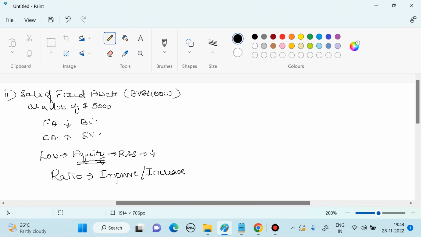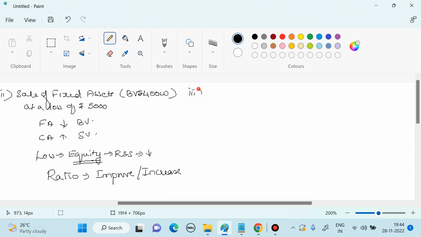I am going to the third now. Sale of fixed asset. Again, it's a sale of fixed asset. Book value is 40,000 for rupees 50,000. Here also, fixed asset affected doesn't affect our debt to equity ratio.